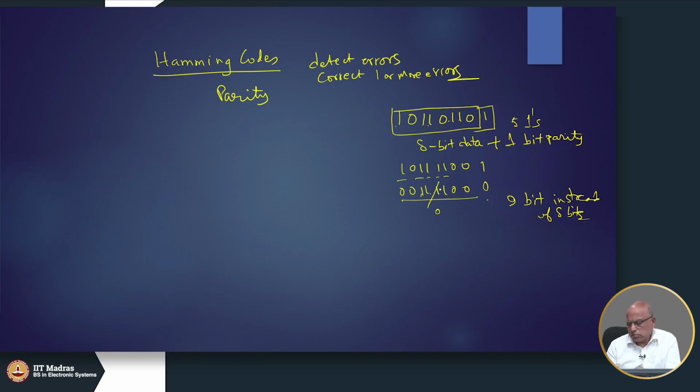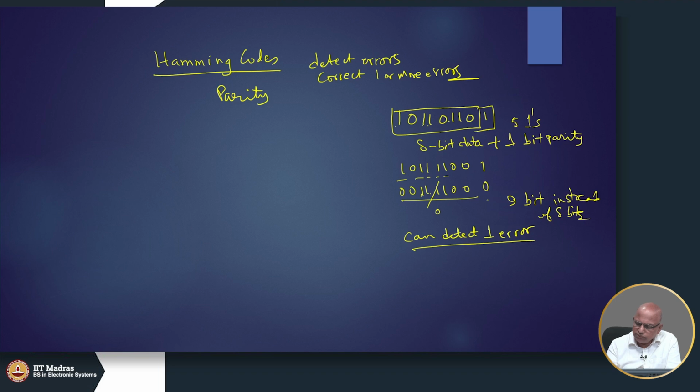So, something must be wrong. Okay. So, we can detect one error, but we do not know which bit is bad. And if multiple errors happen, it will fail.